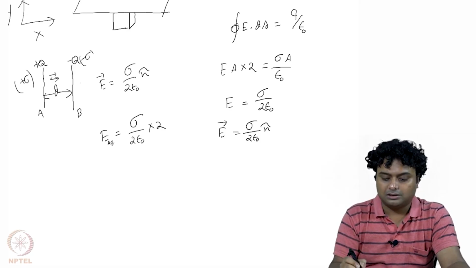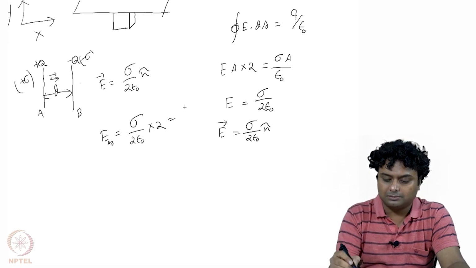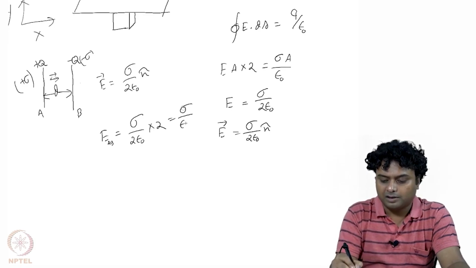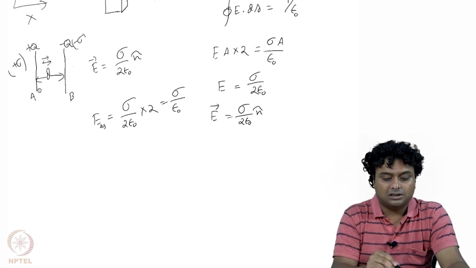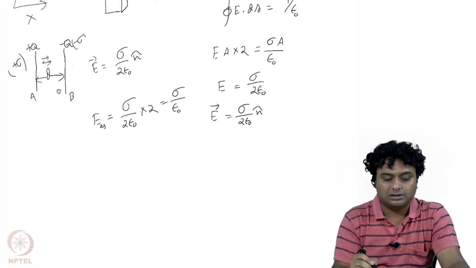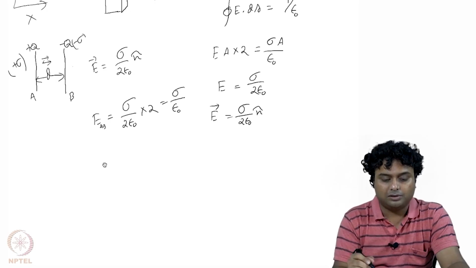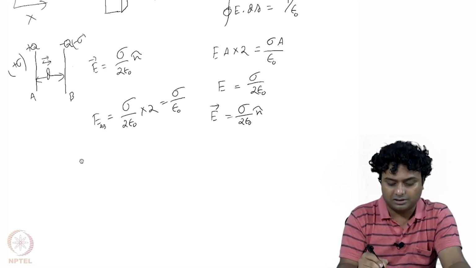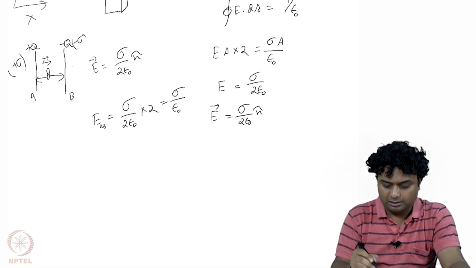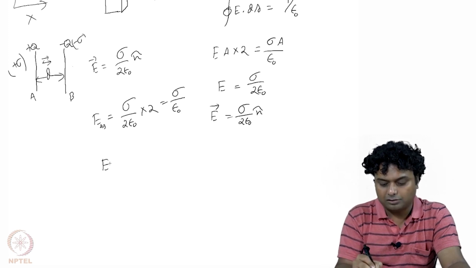So E_AB is sigma by epsilon naught. These two plates are parallel and the field inside the plates is a uniform electric field, okay. Now as it is a uniform electric field, if the potential difference between them is V, then we can write E equals V by d.